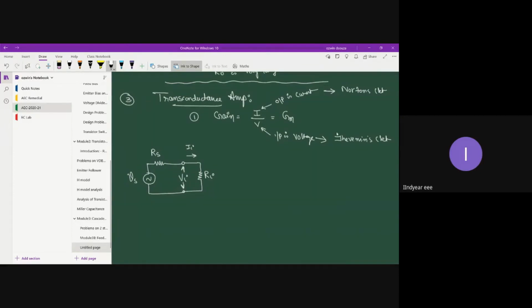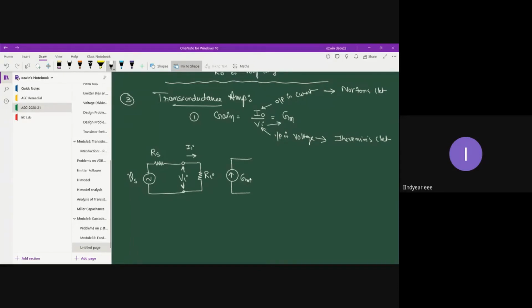On the output side, what do you have? Your signal is current, so you should have a current source. And what is that current? It is I0 by Vi, so current I0 is equal to Gm times Vi.